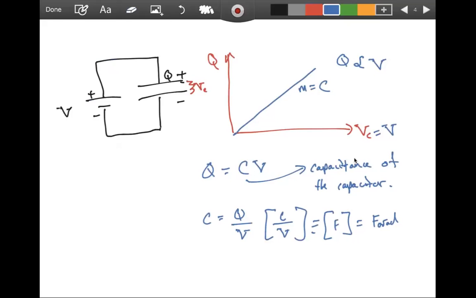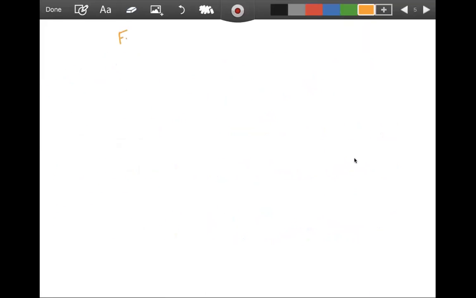Now, it turns out capacitance can be very hard to calculate. What I mean by that is how I calculate my capacitance will depend on the geometry of the capacitor. As long as I have a nice geometry, I can analytically calculate this. So for simple geometries, we can analytically calculate.